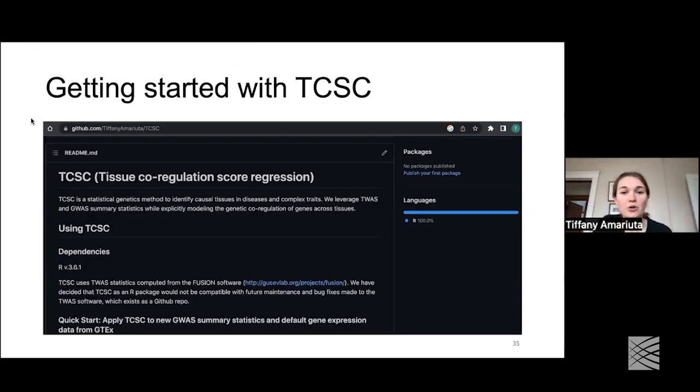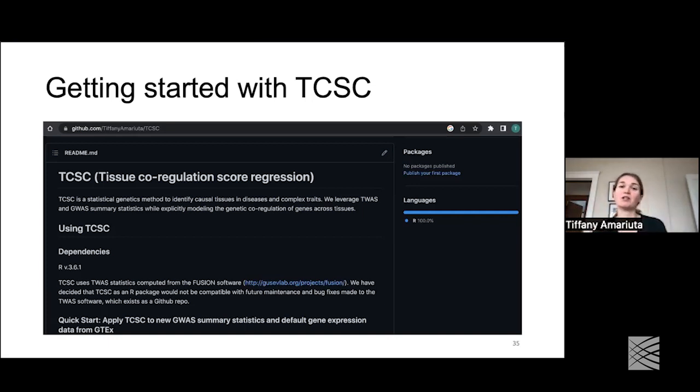All right, so I want to wrap up the presentation with talking about how one could use TCSC and get started quickly. We have a GitHub up and running, and hopefully it has all of the information that you would need to, one, reperform all of the analyses that I've presented here and that we've done in the paper, but also how you can arrive with your new set of GWAS summary statistics and run TCSC quickly using the co-regulation scores that I've already computed.